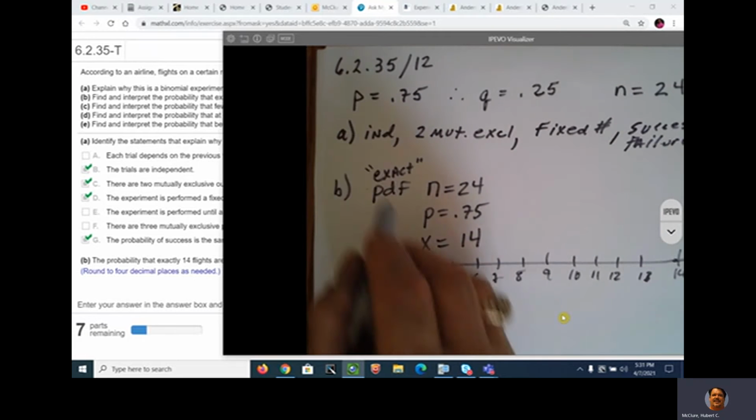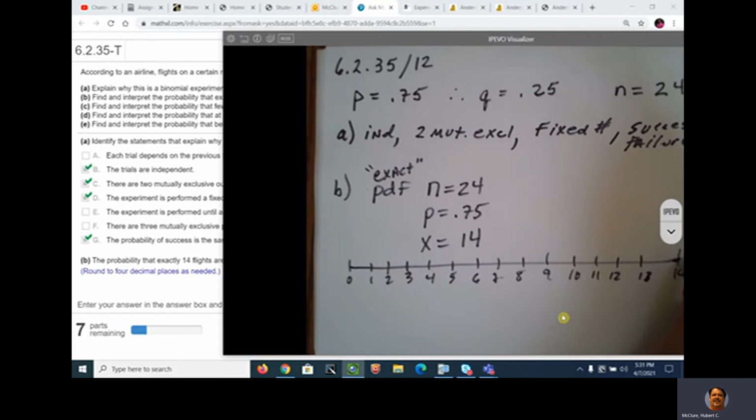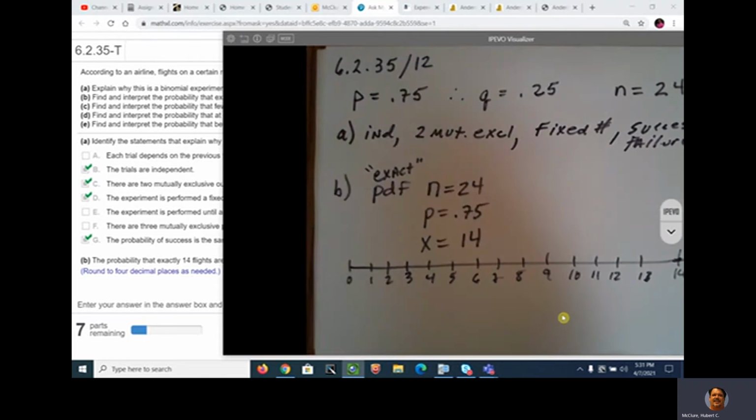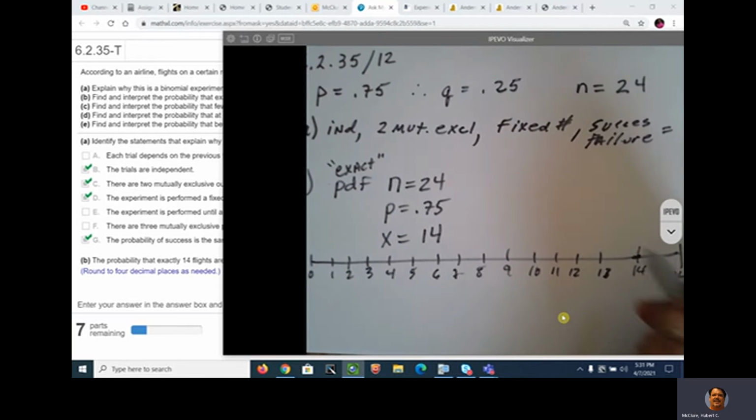All right, they want exact. Exact means a little dot on 14. No shading. Just what is the probability of 14? And you type that into your PDF.